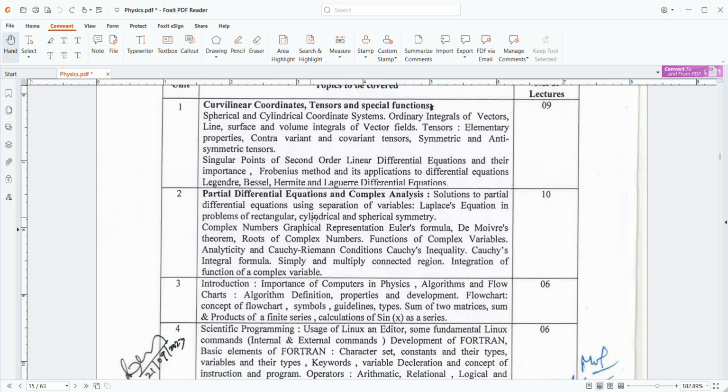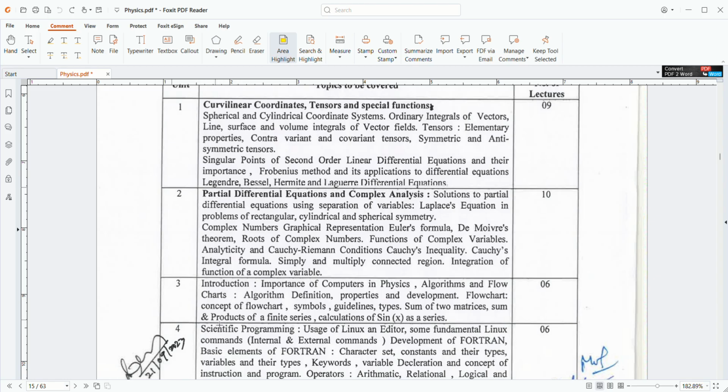Laplace equation in problems of rectangular, cylindrical, and spherical symmetries. Complex numbers graphically represented, Euler formula, De Moivre theorem, roots of complex numbers, functions of complex variables, analyticity and Cauchy-Riemann conditions, Cauchy inequality, Cauchy integral formula, simply and multiply connected region integrations of functions of a complex variable. So this is the exercise.